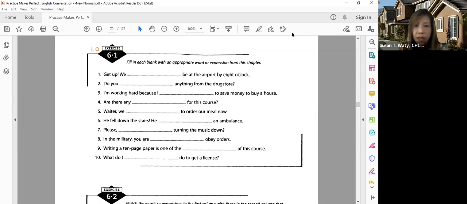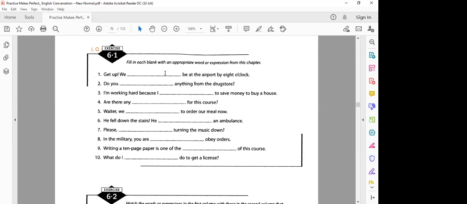All right, let's do number one. The words that we're going to fill in these blanks are the words that I already explained up there.